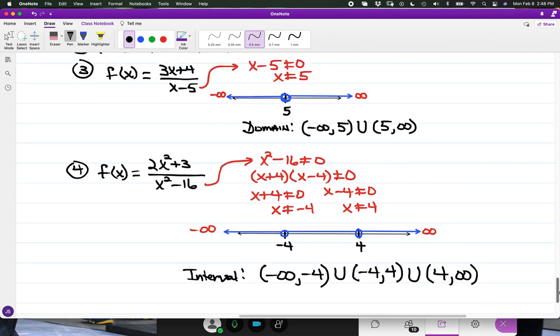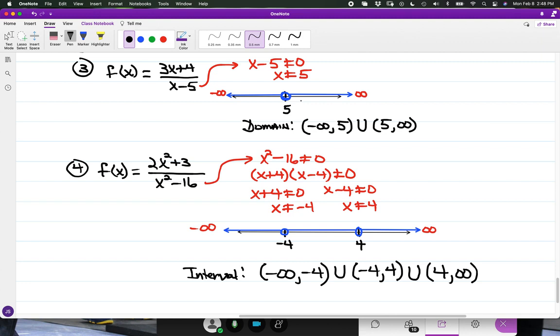I'm just going to mention, notice before we had one exclusion from which we drew two interval sections when expressing the domain in terms of intervals. And notice two exclusions led to three subinterval sections.